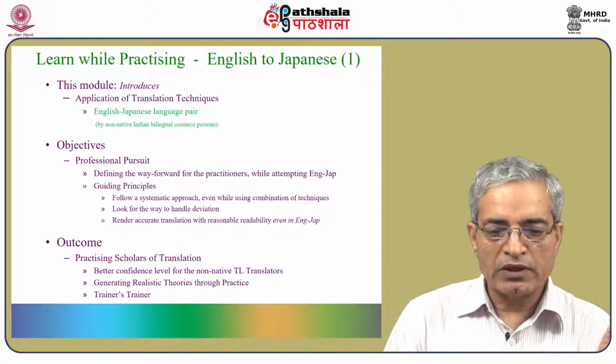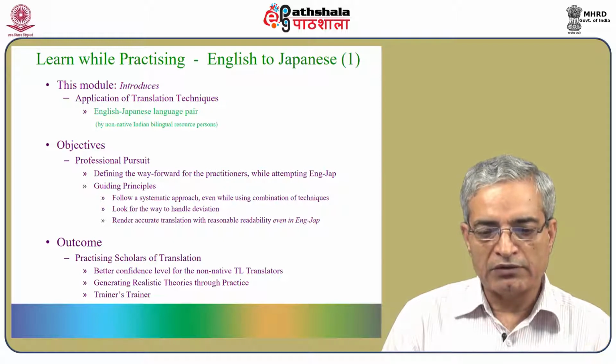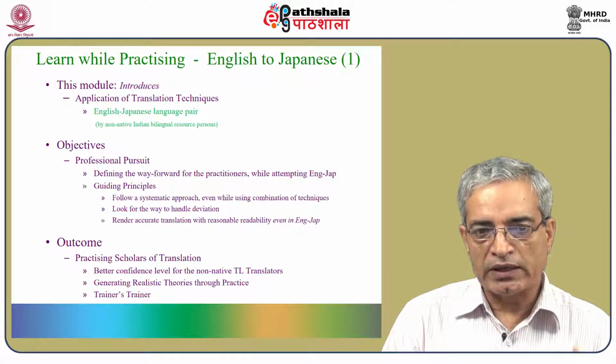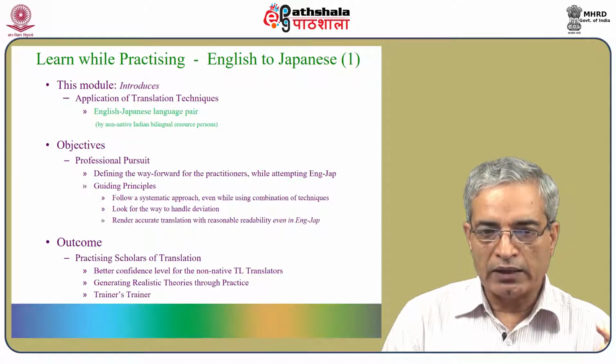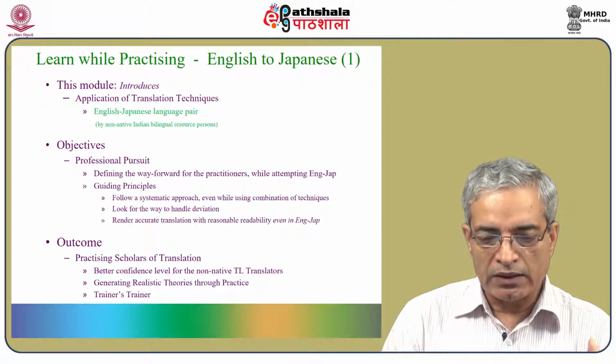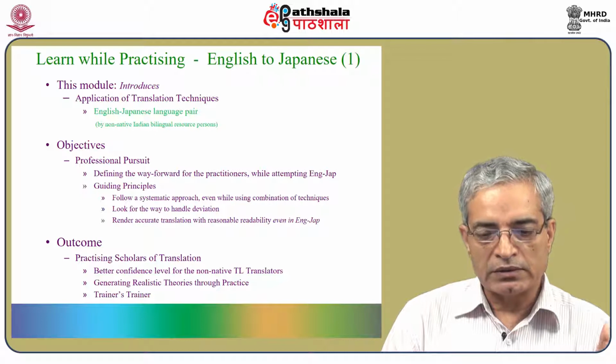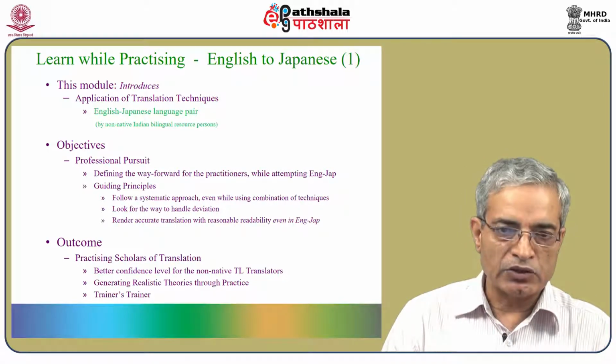The objectives are professional pursuits, defining the way forward for the practitioners while attempting English to Japanese translation. The guiding principles would be: follow a systematic approach, even while using a combination of techniques, look for the way to handle the deviations, and render accurate translation with reasonable readability even in English to Japanese.